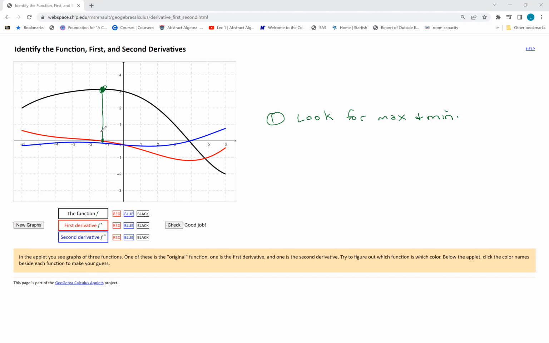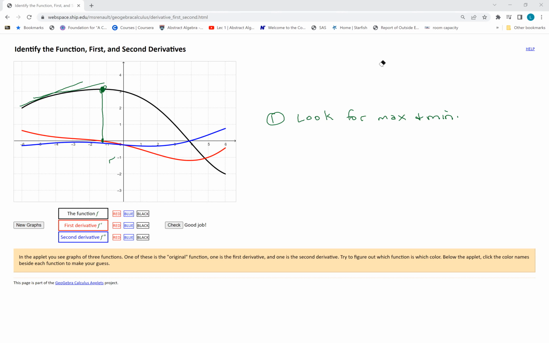Okay. So right now, it looks like the derivative of black is red. So let's continue on and just check. Here we have a positive slope, right? Everywhere there's a tangent line, there's a positive slope. So notice the red line, which I think is the derivative of black. It's positive until it gets to 0.